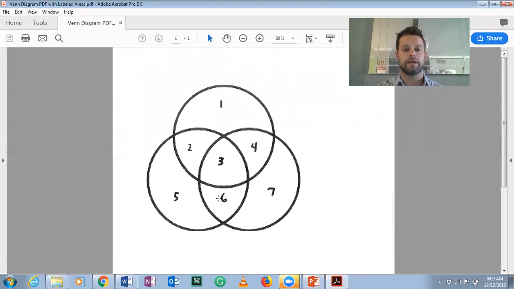Now some of the syllogisms will have all universal statements, and some will have a mixture of universal and particular. So remember, when there's a particular statement, you have to put an X in the appropriate area or on the line, depending on what's shaded and what isn't. And so the answer choices will say things like 6 and 7, let's say that after you shaded it, 6 and 7 were shaded and there was an X in 2.